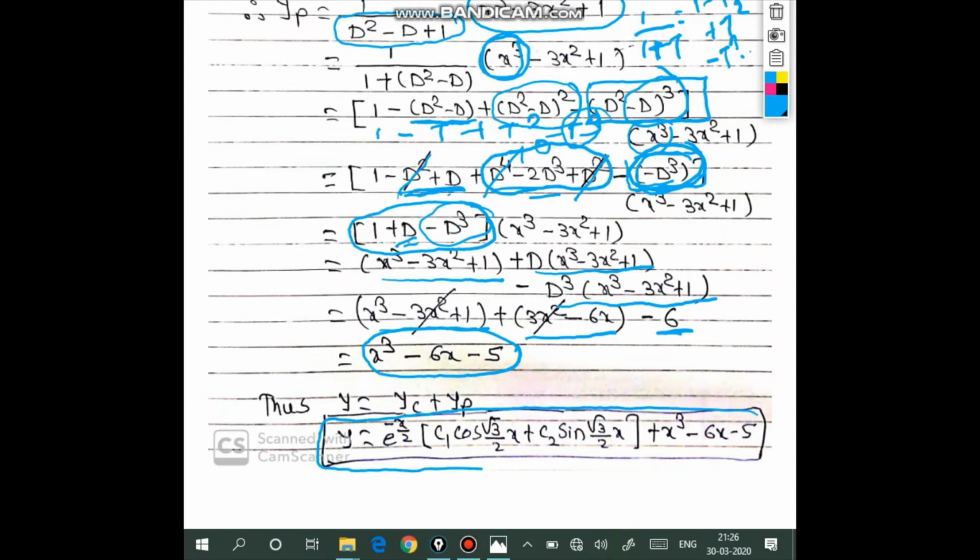And then here 1 into the bracket, first derivative of the bracket, and third derivative of the bracket is written, and this is the simplified term. So at the end we just write yc plus yp as a complete solution. And that is about the second example for you about algebraic function.